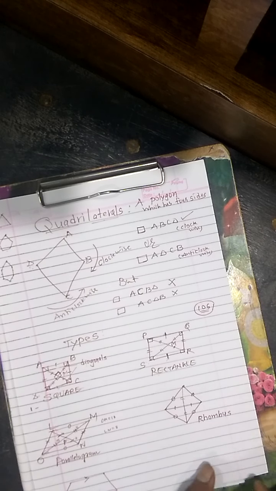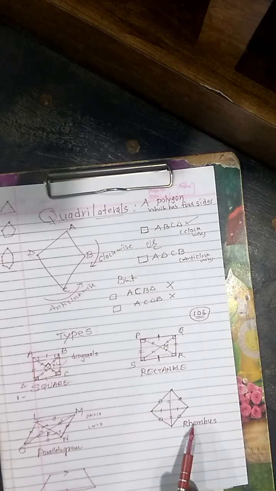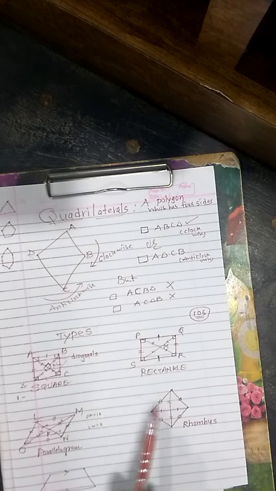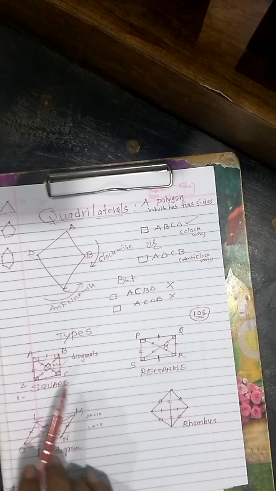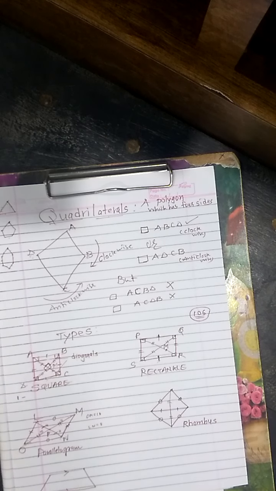Okay, let's move on to the properties of a rhombus, or you can say the characteristics of a rhombus. A rhombus is like a square. A parallelogram has rectangle properties, and a rhombus has square properties.